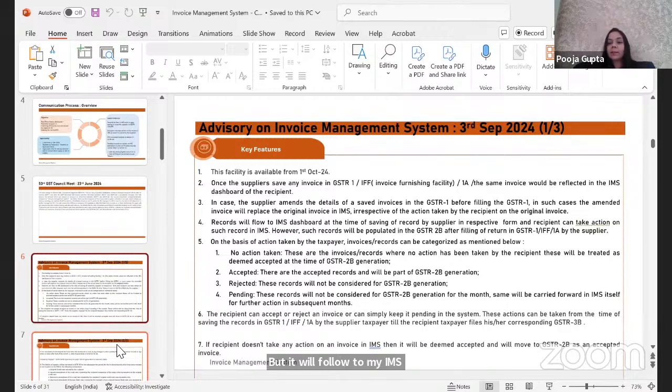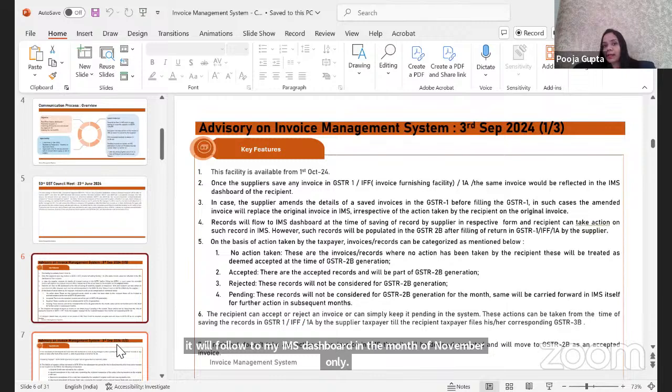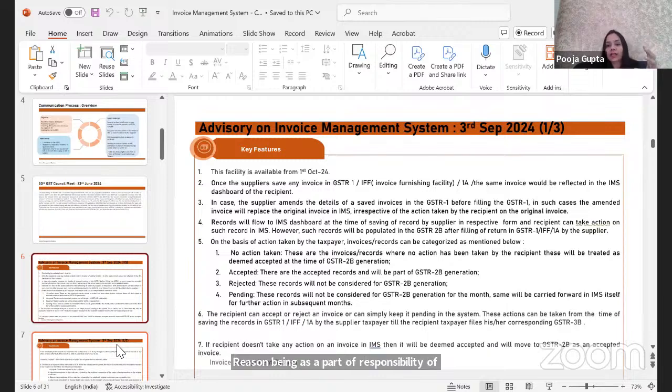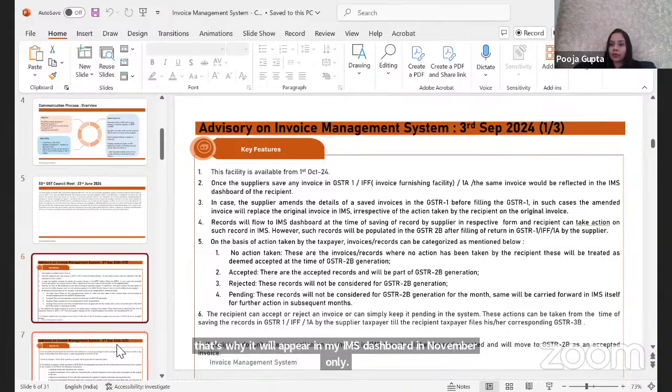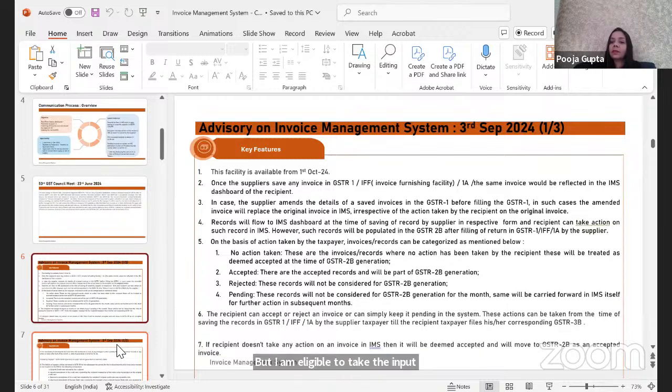Reason being, as a part of responsibility, the supplier has to furnish this invoice details in the month of November only, and that's why it will appear in my IMS dashboard in November only. But I am eligible to take the input tax credit in the December month only.